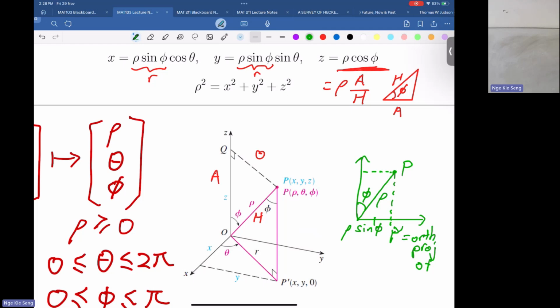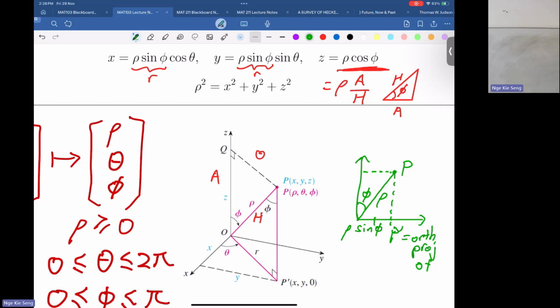Then you use this length to tell you the position in the xy plane. You need to tell me which point on the circle of radius rho sine phi that P prime lives on, so you just tell me this angle. That's why you have sine theta and cos theta. So the front part here is the radius that you project down from R3.